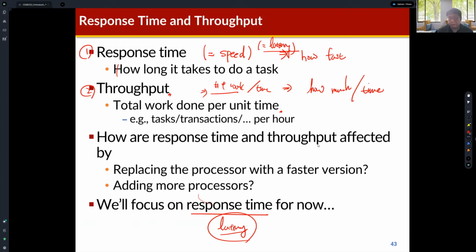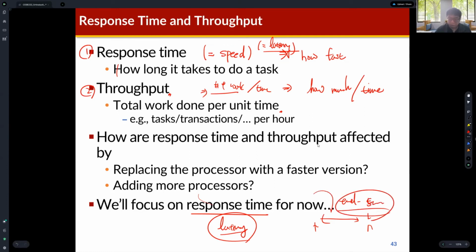That means when a certain task is executed in a computer processor, we can measure the time at the start point, and also the time at the end point, and then we can measure the elapsed time, end minus start time.